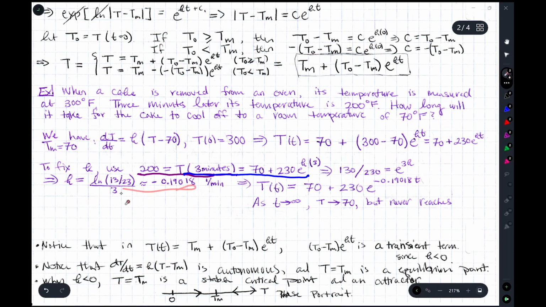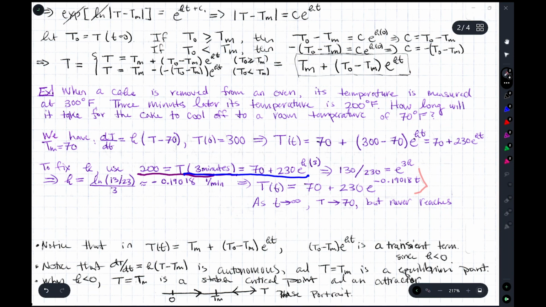After taking the natural log and simplifying, we end up getting this rate of temperature change. So this is the amount per minute. It has a unit of per minute there because of the 3 minutes we plugged in. And now we have our general temperature form.